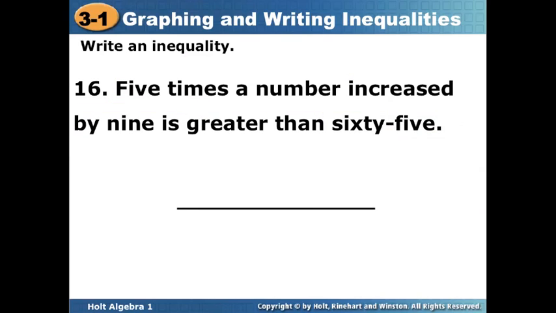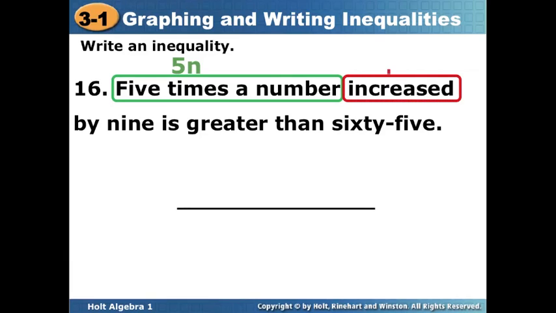Example number 16. Copy this to your paper. We have 5 times the number increased by 9 is greater than 65. So 5 times the number. That'll be 5 times a variable. Increased by will be addition. Increased by 9 will have the number 9.